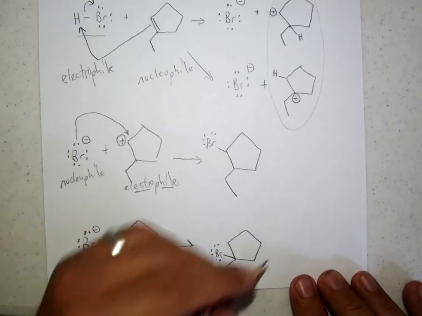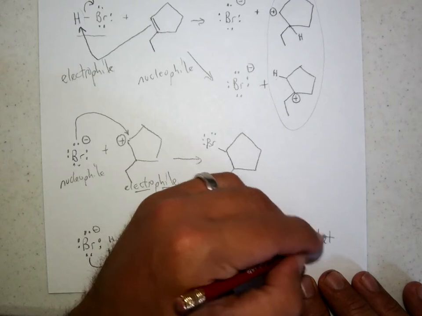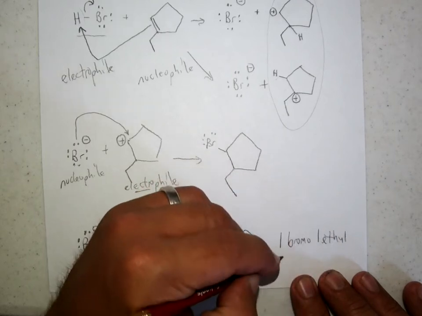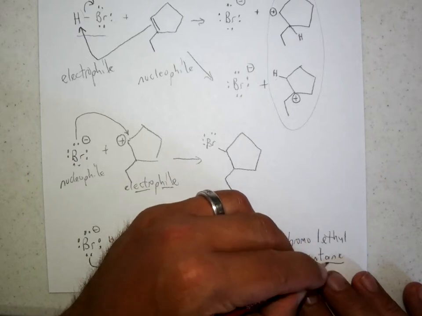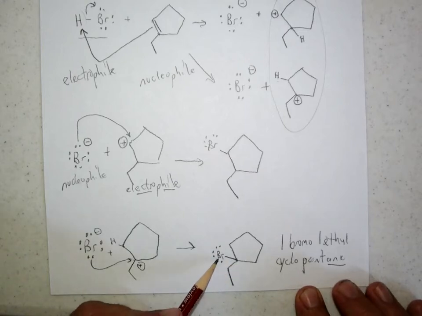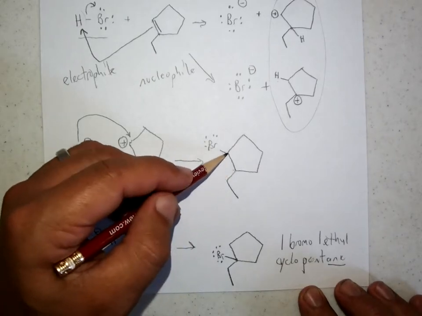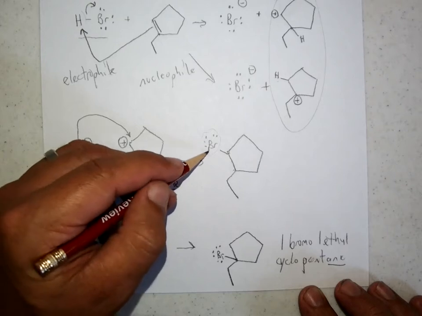So one of these is going to be 1-bromo-1-ethyl cyclopentane. Right, we don't have the double bond anymore, so it's a cyclopentane. Now we have on the first carbon both bromine and an ethyl group.